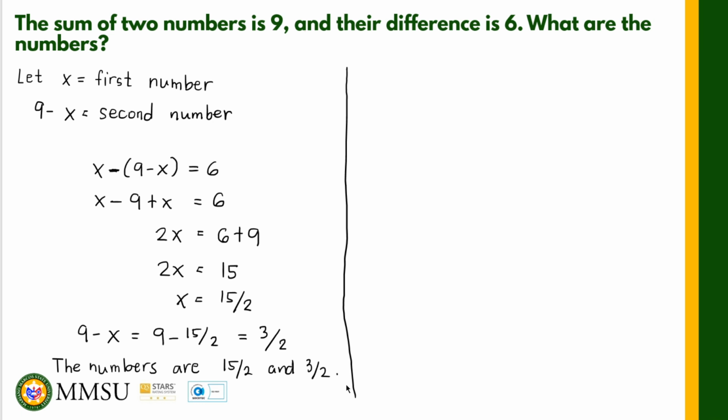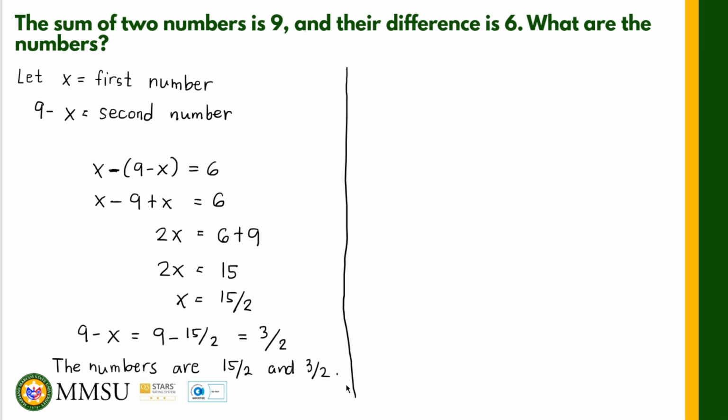And the second statement, their difference is 6. Okay? So, di ba ang ginamit natin to come up with our expression for the second number is the first statement. Tama? Okay, what if ang gamitin natin to come up with an expression for the second number is the second statement? Is that applicable? Is that correct? The answer is yes.